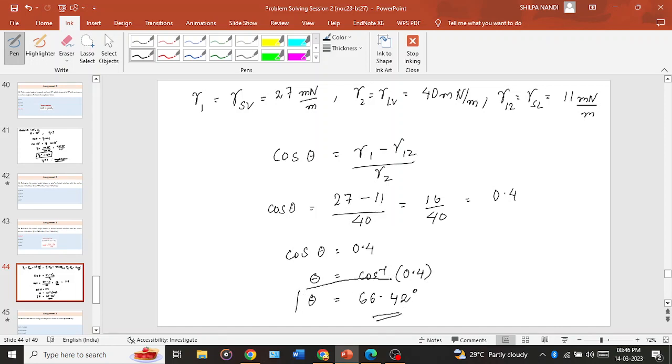So this was the thing we were looking for, the contact angle between the mica and the surfactant solution.